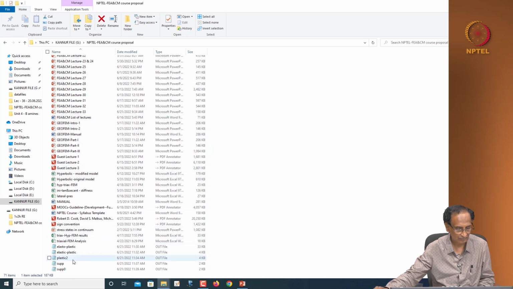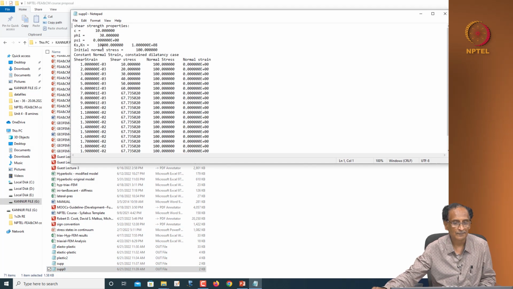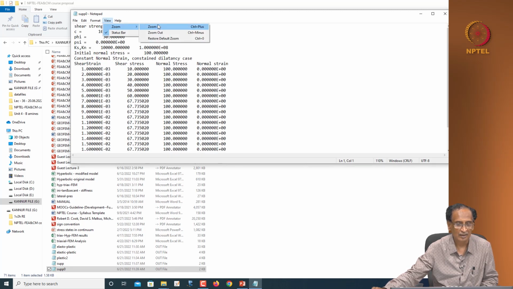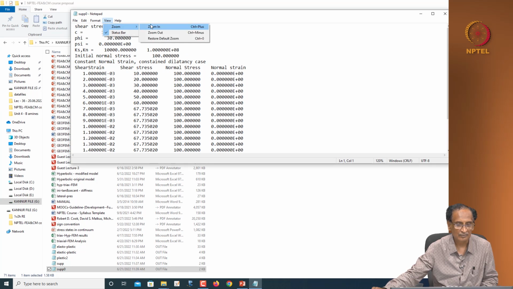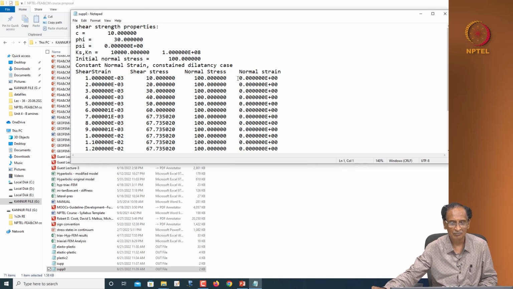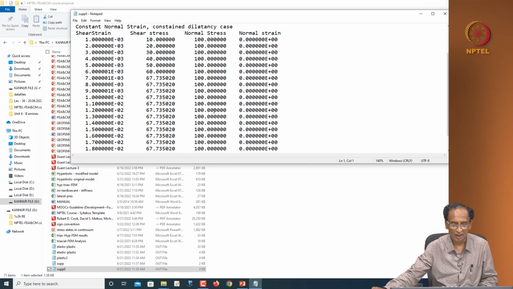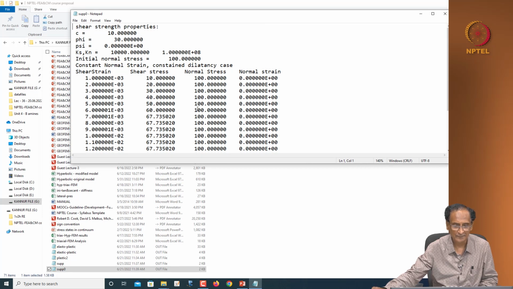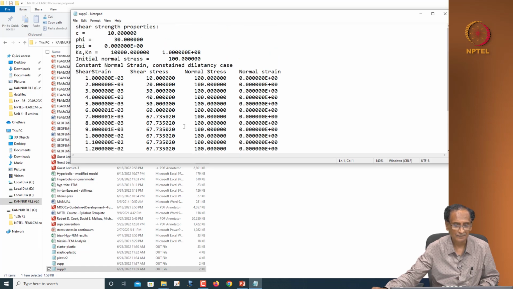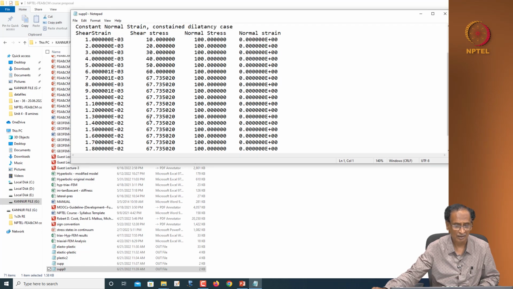In this case I used a dilation angle of 0 and did not allow the soil to expand. Our normal strain is remaining constant, and our normal stress is also remaining constant at 100 because there is no dilation induced by the shear strain. So, our shear stress is also constant at the same value of 67.735.